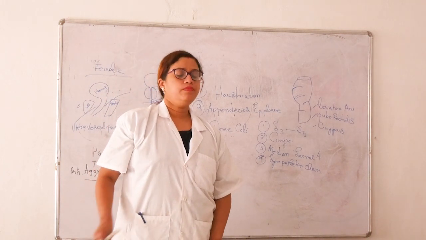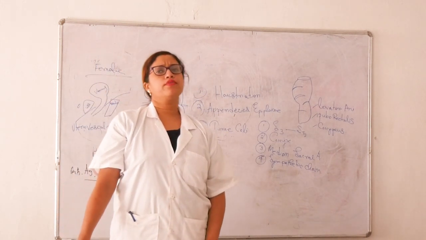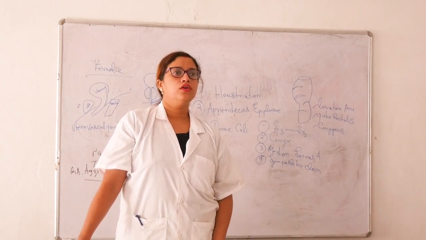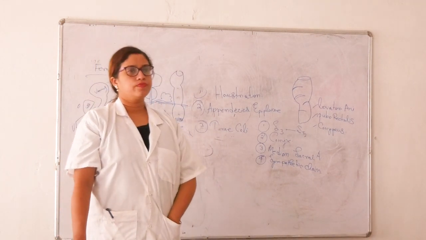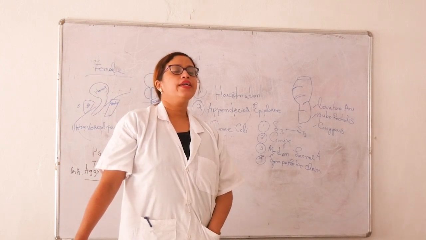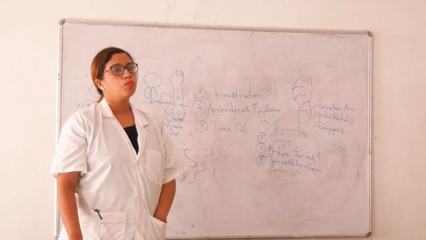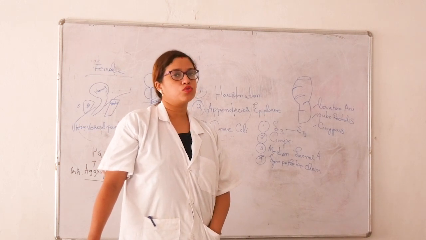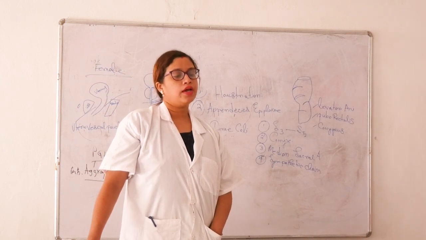Okay, so now write it down about the clinical anatomy. What do you have to study? Number 1 is hemorrhoids. Then, as I already told you, this is one of the sites for portosystemic anastomosis.